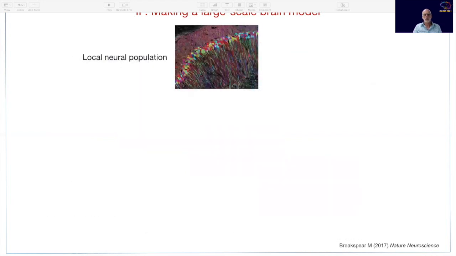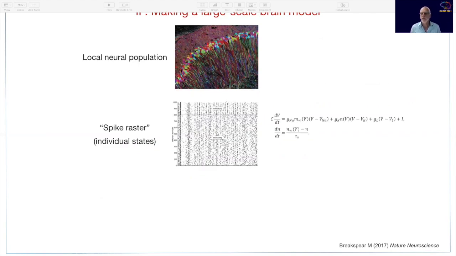So here's a local neural population, and if there's only hundreds or perhaps thousands of neurons, we can code up and simulate population activity. So here's a simulation of excitatory and inhibitory neurons, and this is their so-called spike raster, where the little dots record each action potential.